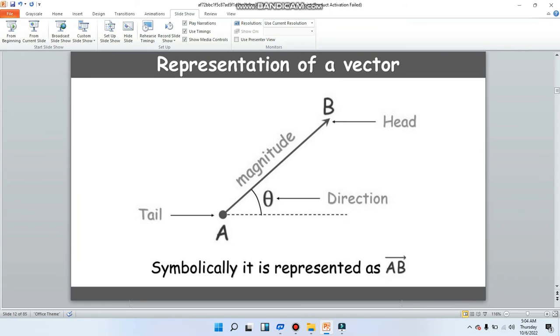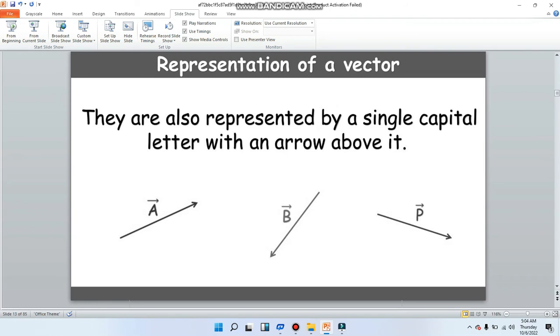Representation of a vector. Symbolically, it is represented as AB, arrow या head. They are also represented by a single capital letter with an arrow above it, just like this.